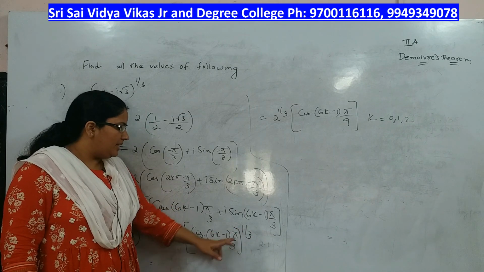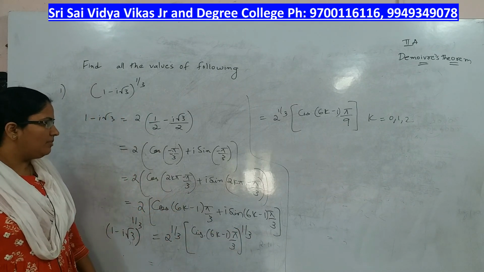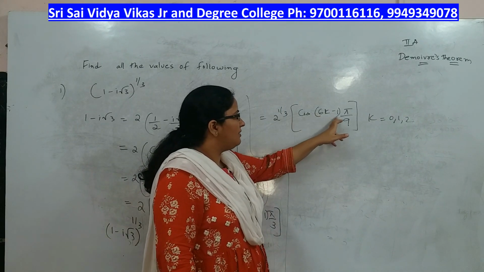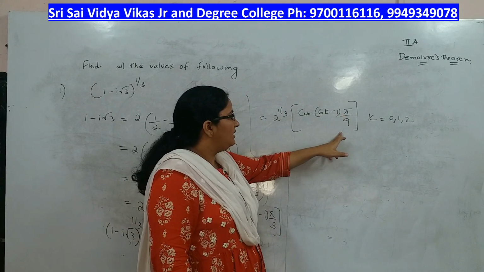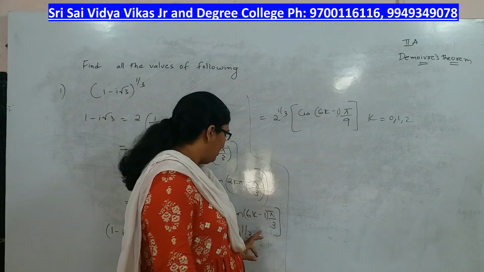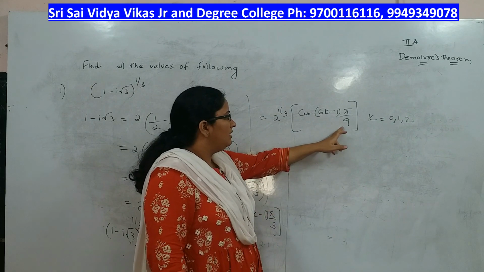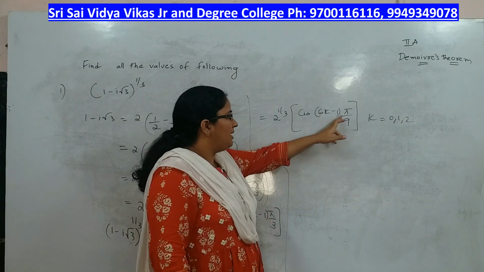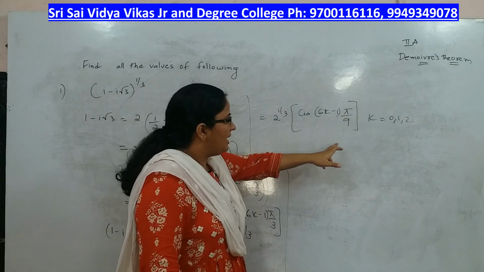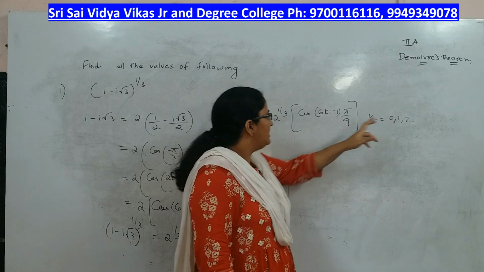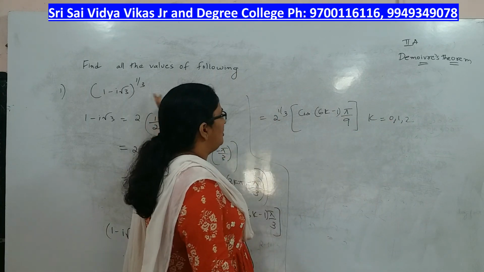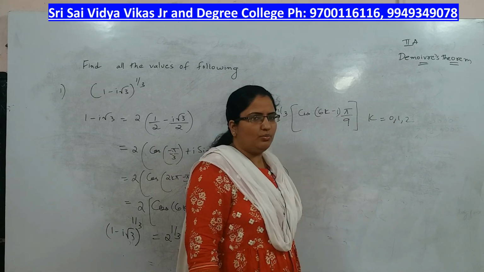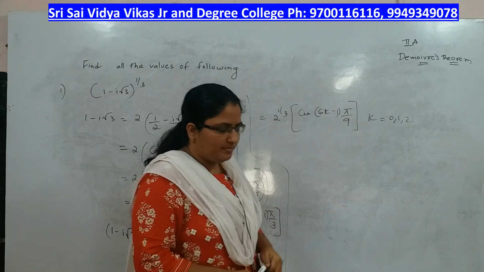Now this 1 by 3 comes down as per De Moivre's theorem. So you have 2 power 1 by 3 cis (6k minus 1) into pi by 9. Pi by 3 into 1 by 3 will become pi by 9. K values are from 0, 1, since you have cube root, k value is 0, 1 and 2. That's about this problem.